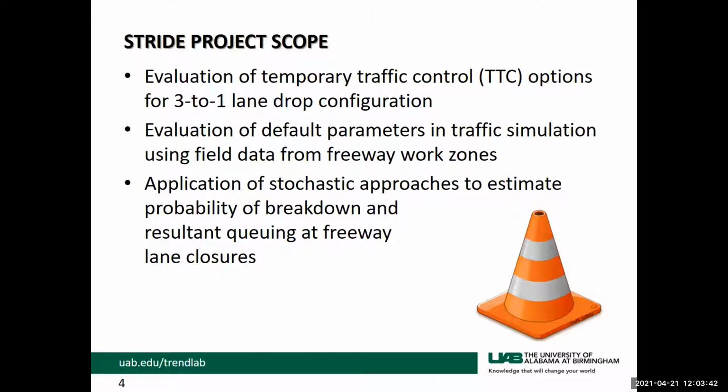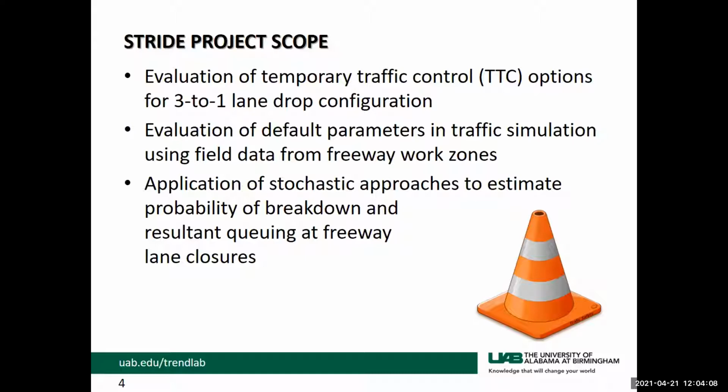And we also looked at how stochastic approaches can be used to determine the capacity of freeway lane closures in order to estimate the probability of breakdown and resultant queuing. I will talk more on the first of these 3 topics, and then Rod will give you some background information and findings from the other 2.